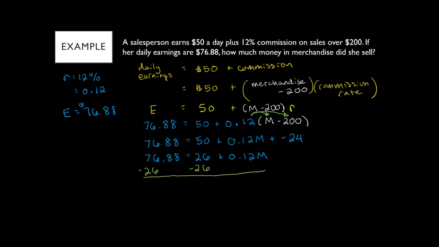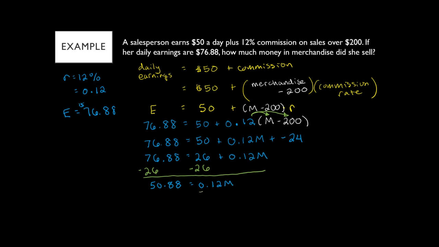So 76.88 minus 26. Oops, I hit the wrong button on my calculator and I accidentally multiplied. That gives us 50.88 equals 0.12m.